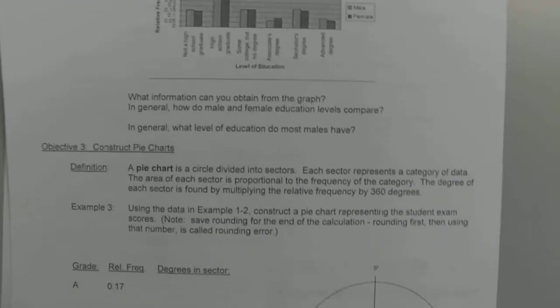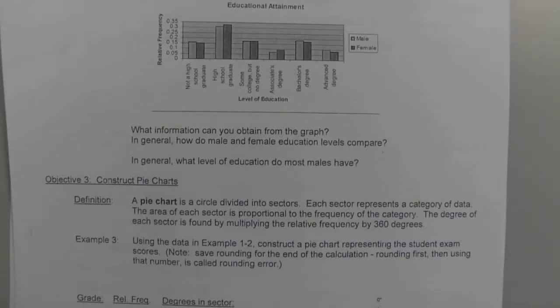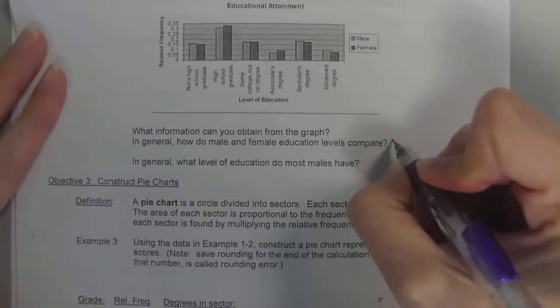So you can ask all kinds of questions. Let's look at this first question. In general, how do male and female education levels compare? Is one obviously higher than the other as you move from left to right? Not really. Do you guys agree that in every chunk, the light gray and the dark gray bar are about the same height?